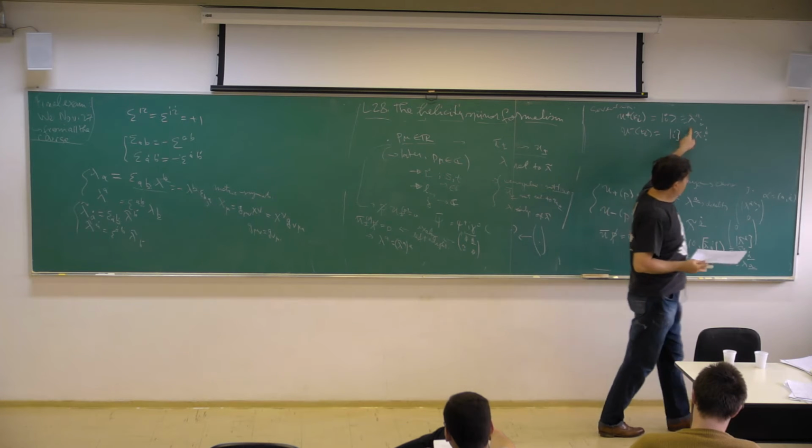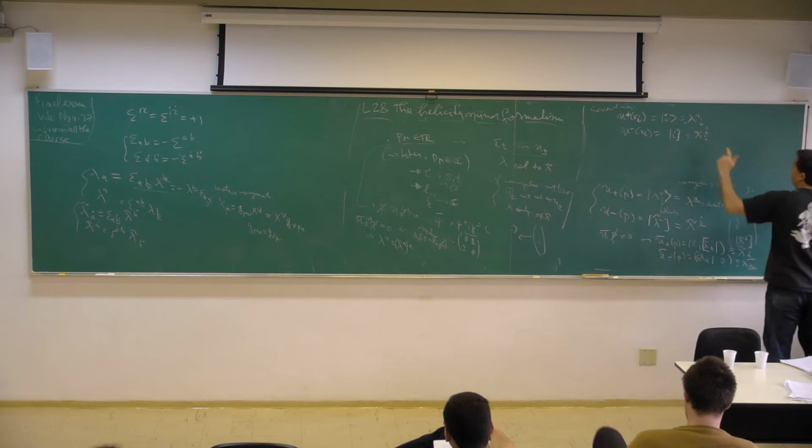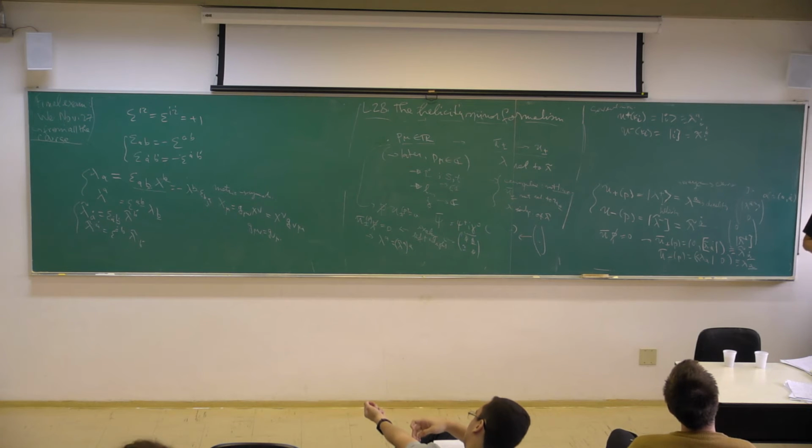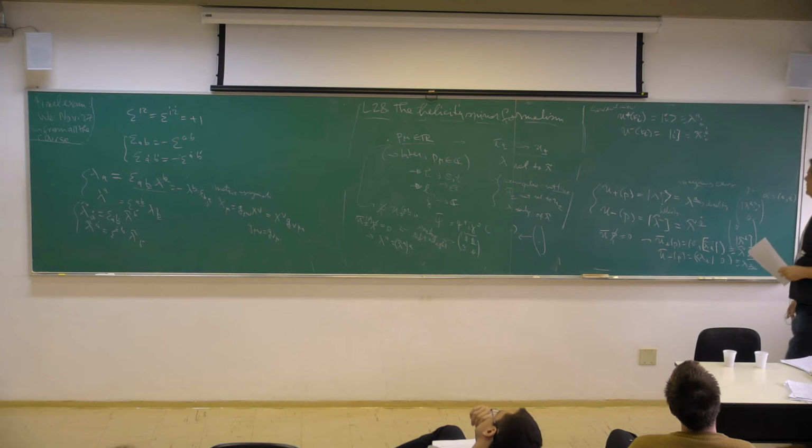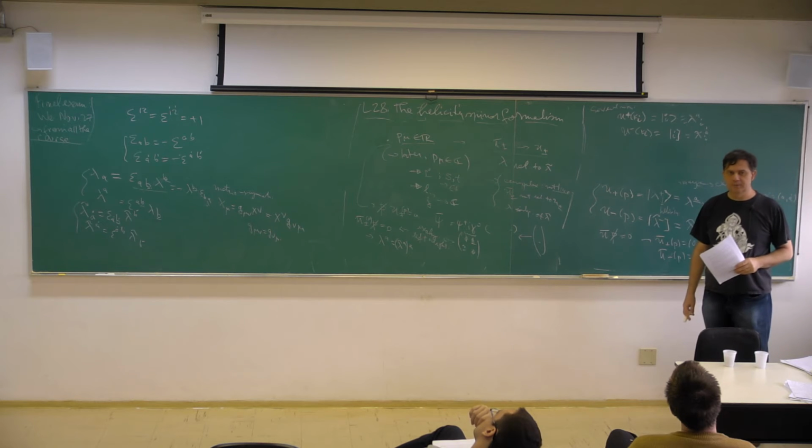Now, it's important to remember that these objects, the lambda and lambda tilde objects, are independent irreducible representations of the Lorentz group. They are the chiral and antichiral spinors.